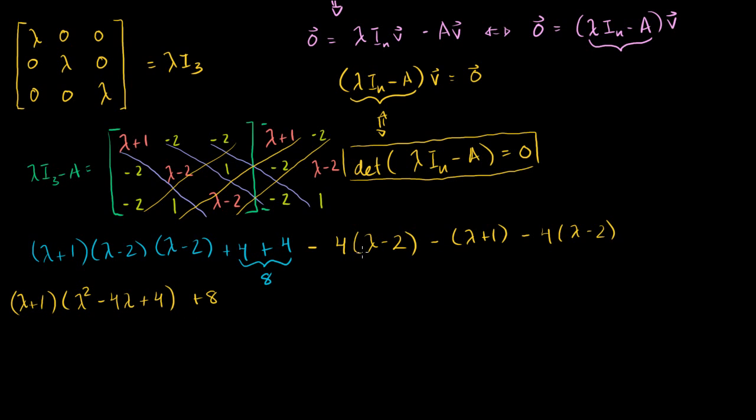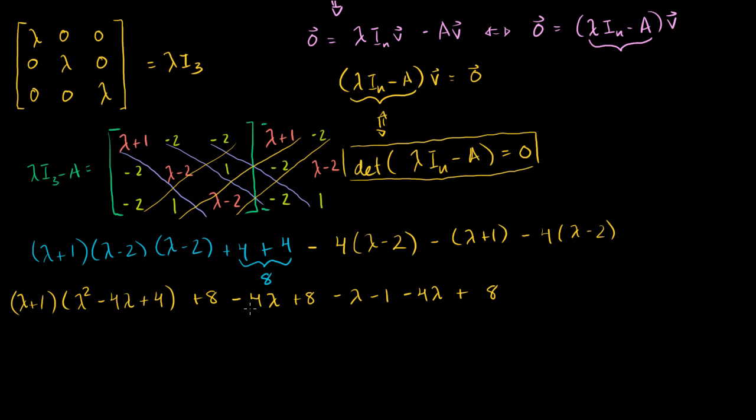And then I have minus 4 times lambda. Let me just multiply everything out. So I have minus 4 lambda plus 8 minus lambda minus 1 minus 4 lambda plus 8 plus 8.